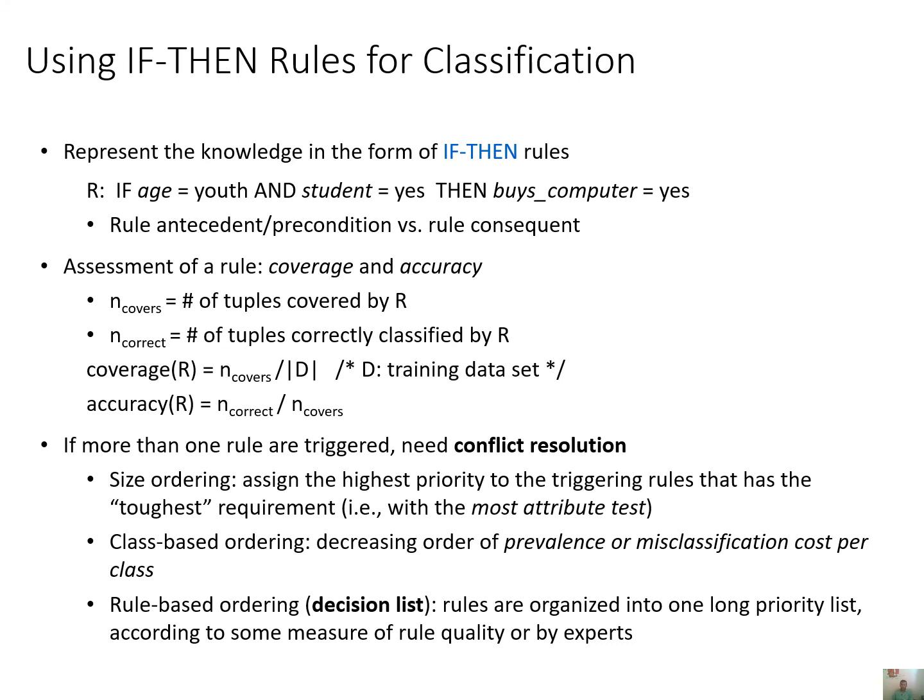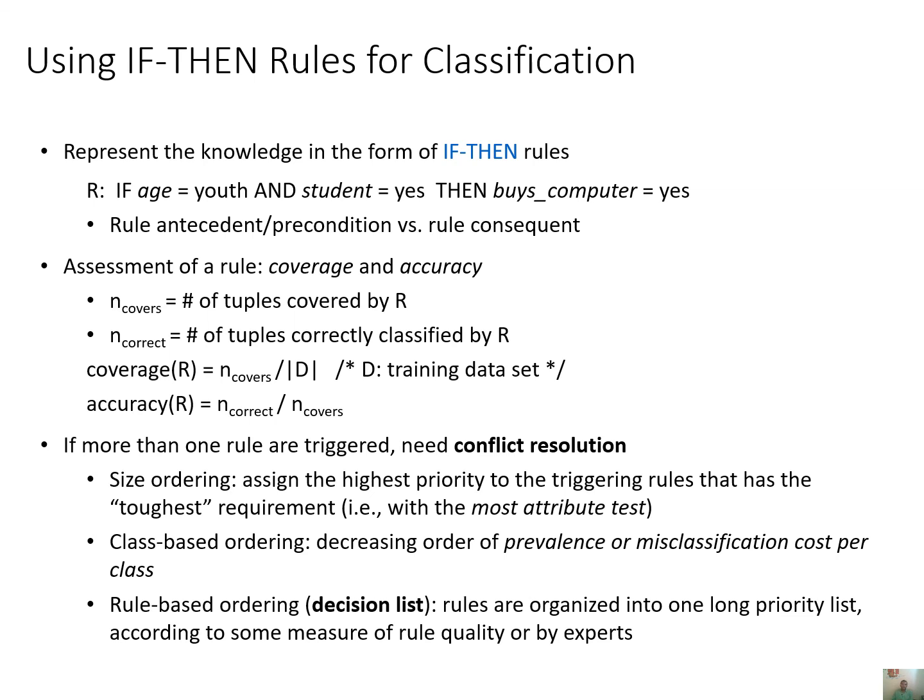This particular example uses an if-then feature. For example, if age is equal to youth and student is equal to yes, then buys computer is equal to yes. This is a very simple example with which we can understand how rules can be defined for making a decision for the data set.